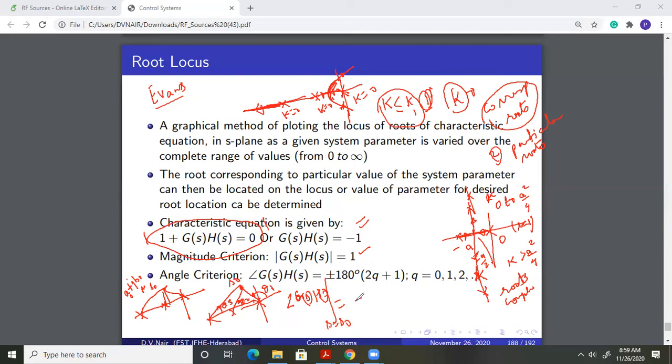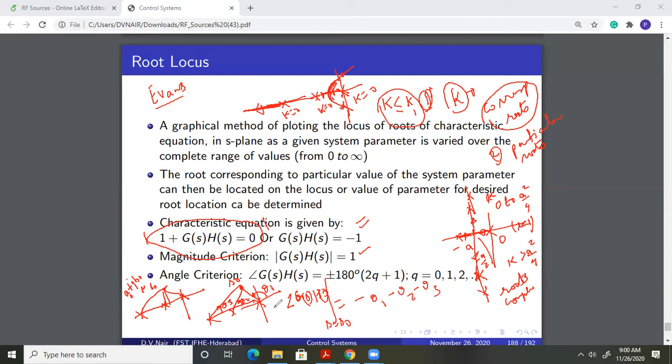So it will be minus theta 1 minus theta 2. See how I am measuring angle? I am measuring the angle made by each pole at the point of interest with the positive real axis, right? In the anti-clockwise direction. I will always measure angle in this manner, in the anti-clockwise direction with respect to the positive real axis. So minus theta 1 minus theta 2 minus theta 3, right?